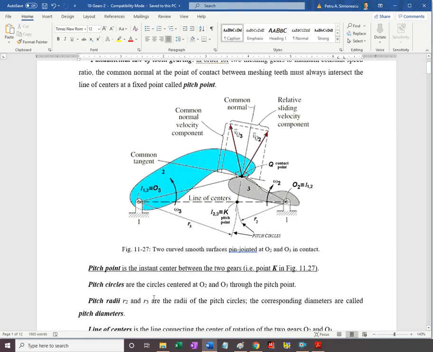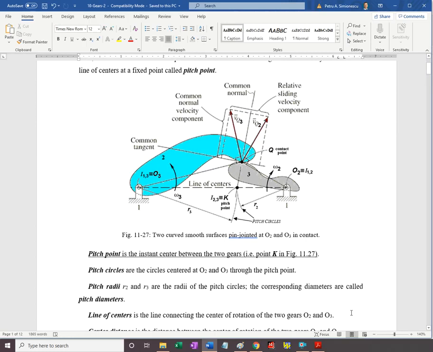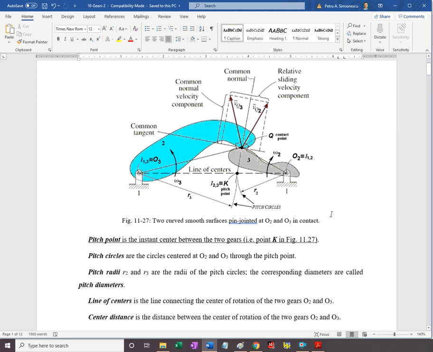Further terminology, we call pitch circle the circle centered at the center of the gears through the pitch point. Pitch radii are the radii of the pitch circles, and then I use the term line of centers.